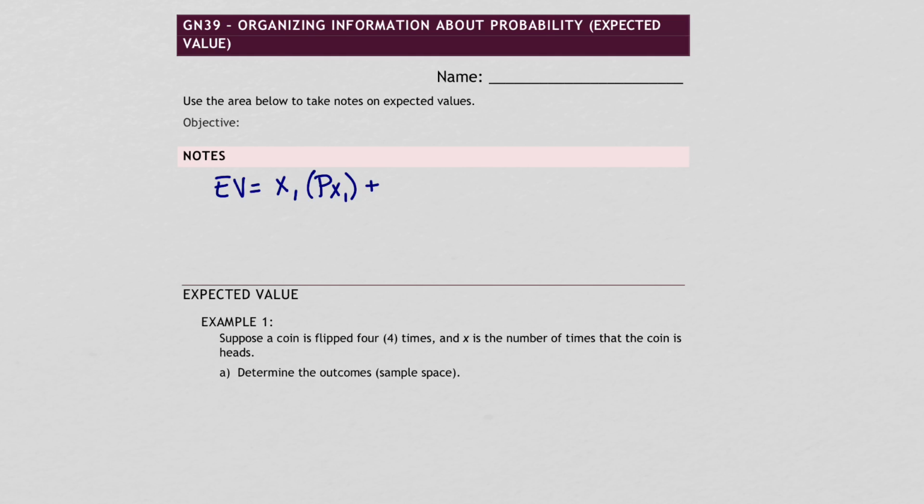Add the value of the next amount and multiply by its probability. And keep doing that until you multiply all the possible values and probabilities. Now that might not make a lot of sense how I've written it there, but let's look at some examples and it should.